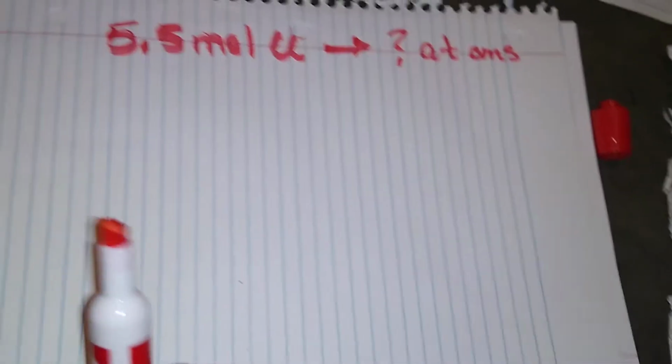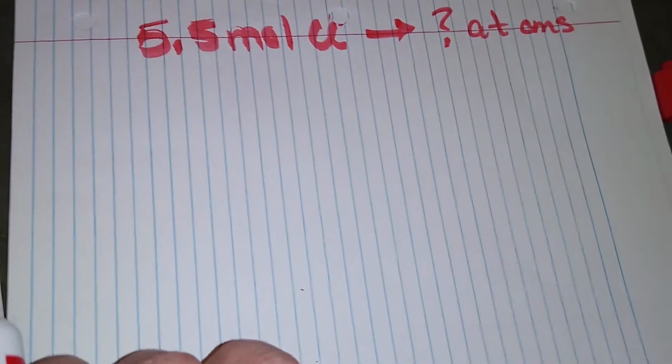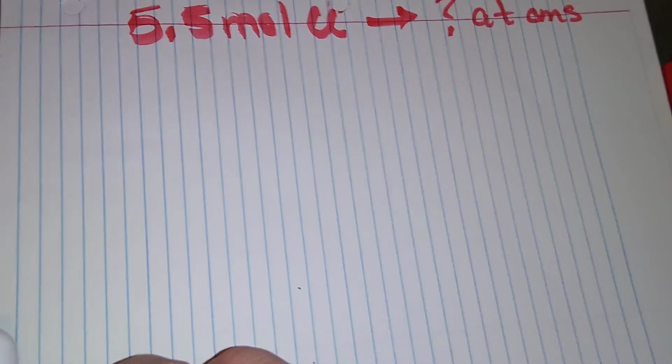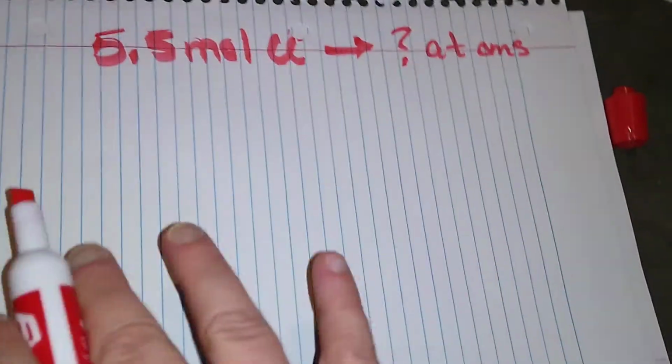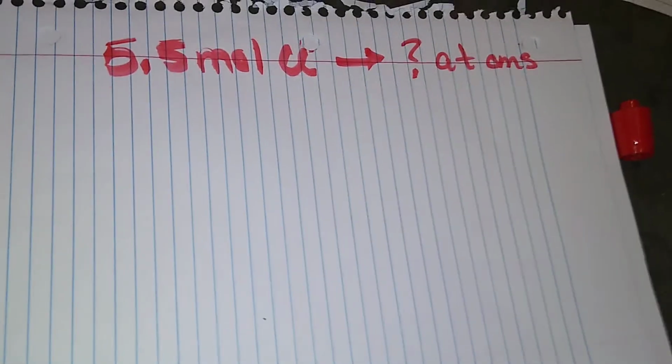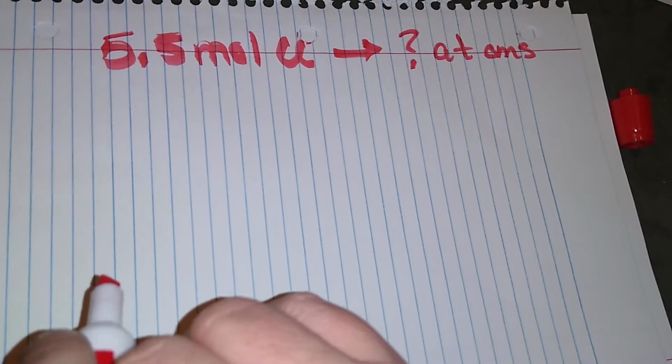What you're going to do, if you are using a simple calculator and you don't have an exponent button, like a times 10 to the whatever button, is use your parentheses, because you'll get the answer wrong.